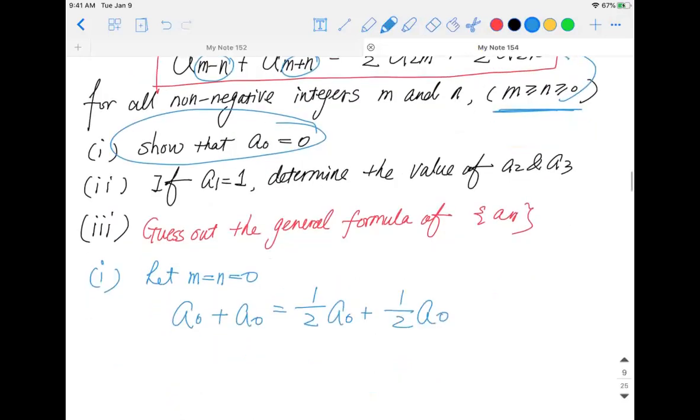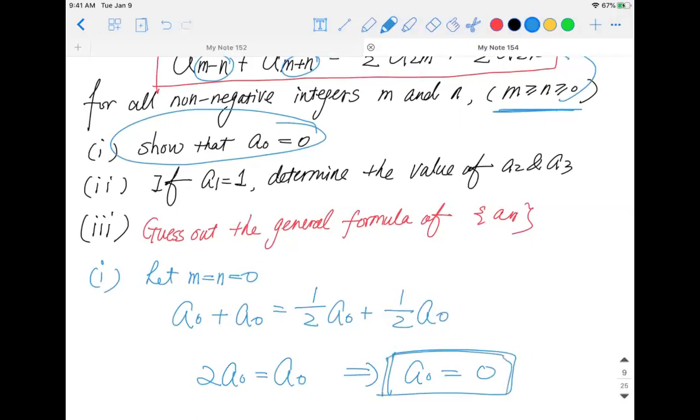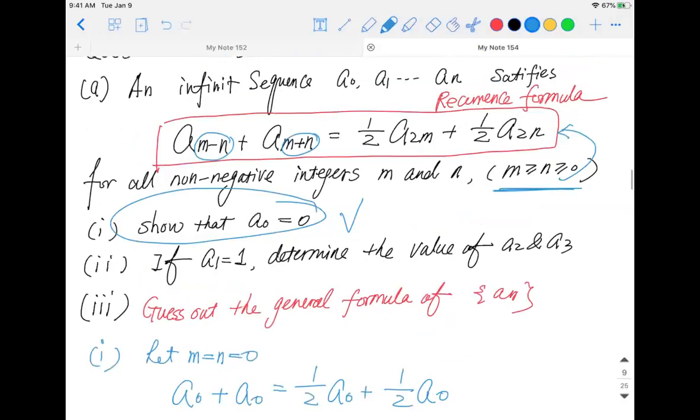So easy, huh? So that being said, 2A0 equals A0. Therefore, A0 equals 0. You see? So understandable, right? Whatever numbers I want, I just close my eyes, pick any number which does me a favor, and then taking from there, I'll be able to figure out this problem. I think this is a very important strategy you need to know. Well, moving forward, let's go to the second part.